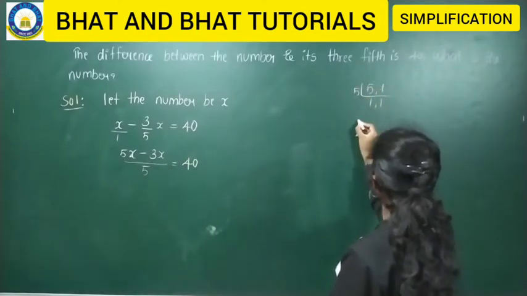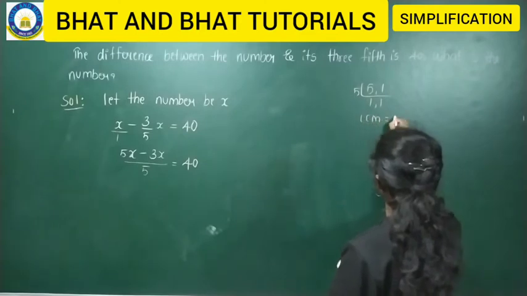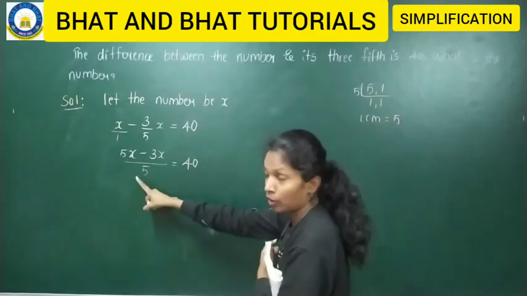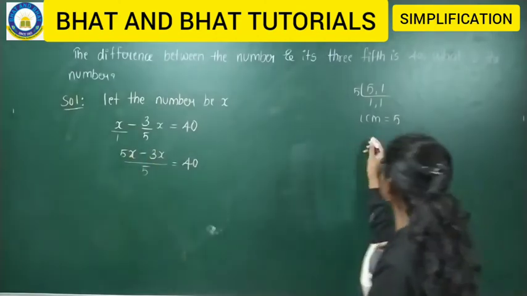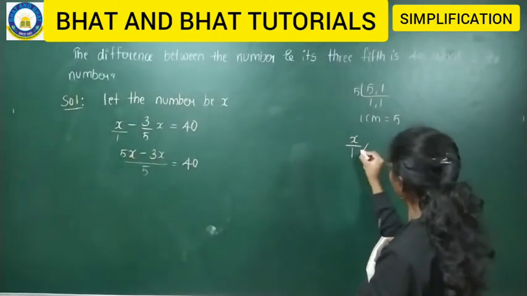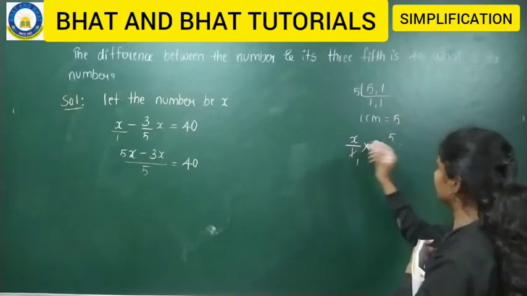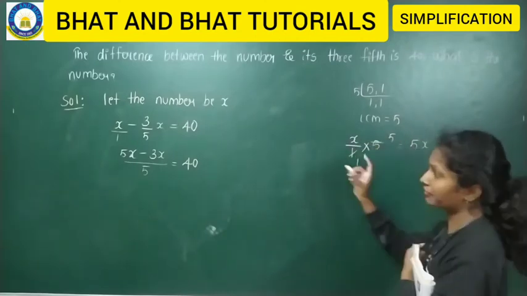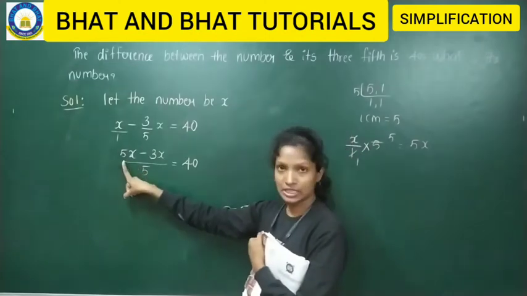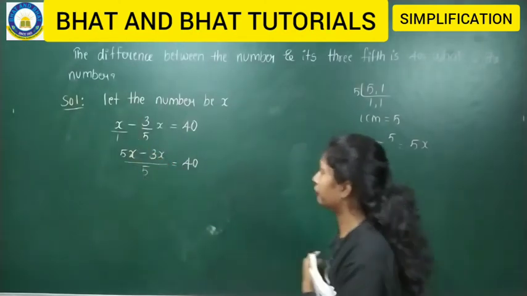The LCM will be 5. Put the 5 here. Take the first part, x by 1 into 5. 1 fives are 5 into x, which gives you 5x. Write the 5x here. Now take 3 by 5.